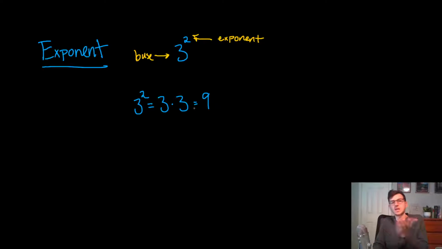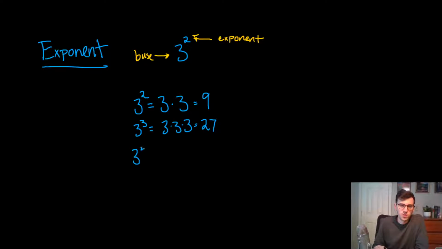And we could keep that going for a long time. We could do 3 to the third power. That would be 3 times 3 times 3, which is 9 times 3, or 27.